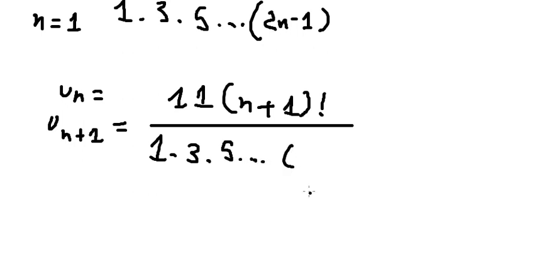So we put n plus 1 here. So 2n plus 2, because 2 multiplied by n plus 1 gives 2n plus 2, minus 1. And 2 minus 1, we have positive 1.